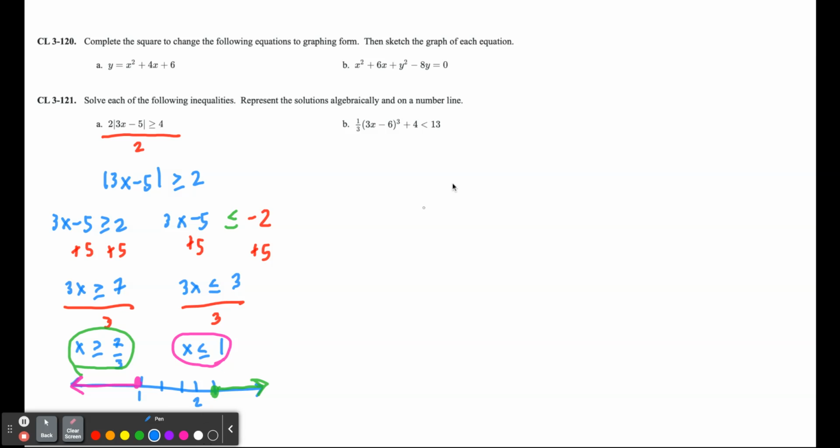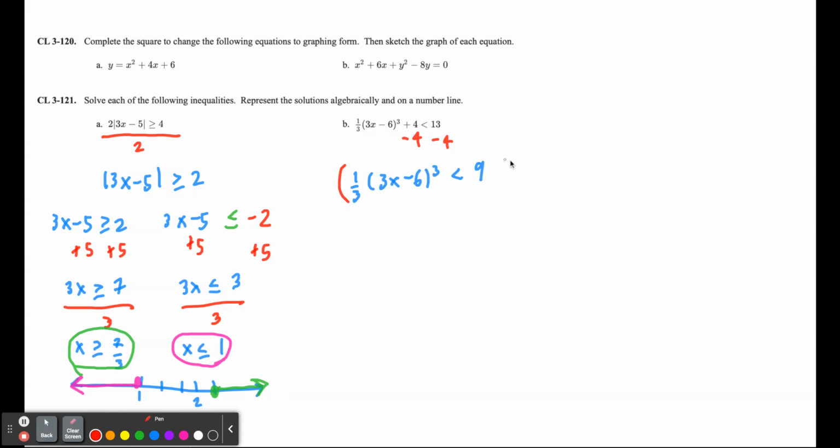Okay, and then for this one, you want to isolate what's being cubed. So you subtract 4, and then you get 1/3 times 3x minus 6 cubed is less than 9.